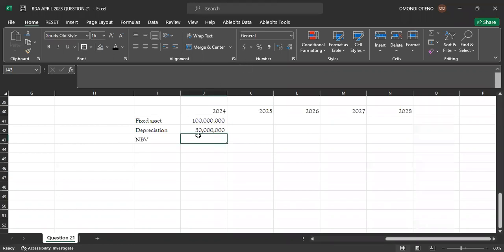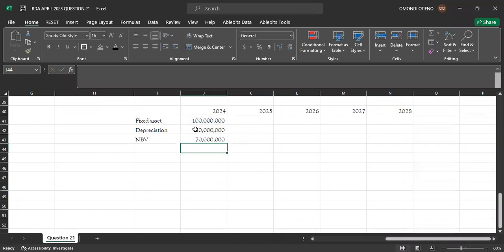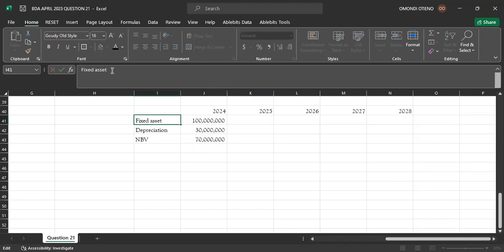So the net book value here is equivalent to cost in 2024 minus depreciation of the year to give us net book value. Now, 2025, I want my good students to tell me the value that I'm going to have there as the cost. Let's say that's now the point where we have the costs.